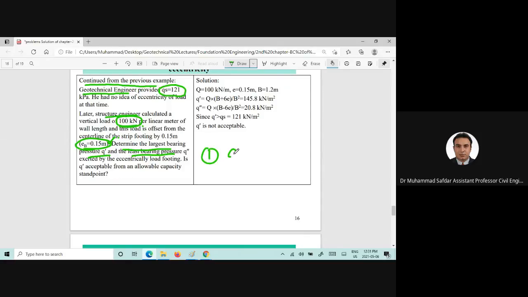Okay, we need to find out the Q prime and Q double prime, and then we need to compare the Q prime with the Q safe.